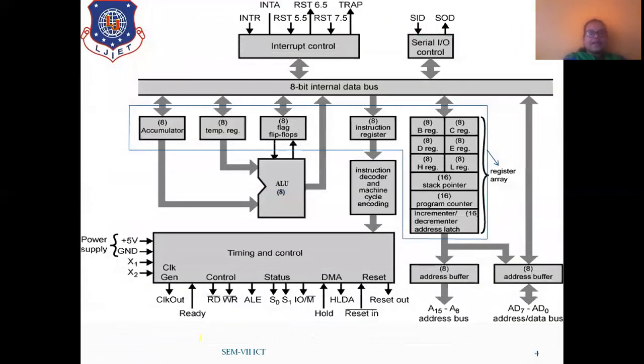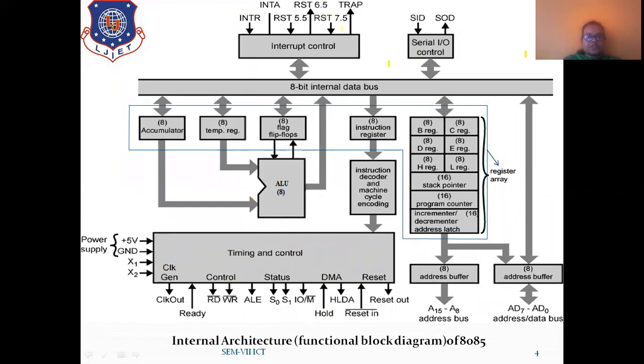Now, next we are going to discuss the architecture of 8085. So this is the internal architecture, or you can say the functional block diagram of 8085. Right? As you can see in this block diagram, there are a total of 5 groups.